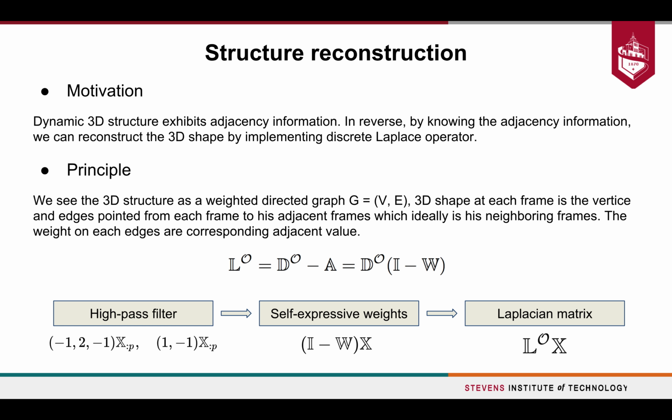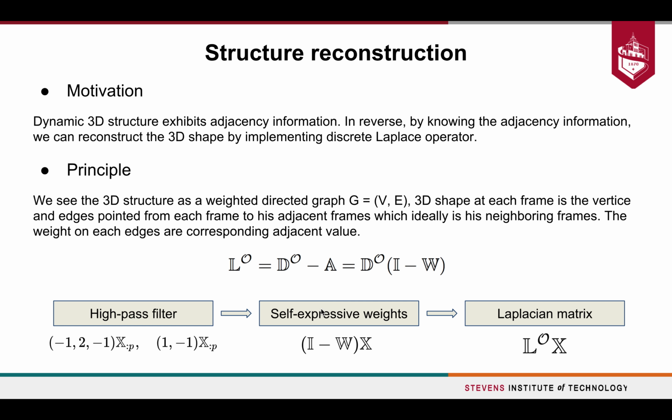Then we look at how this relates. First, the high-pass filter is some kind of Laplace operator, but with the adjacency value set constant to 1, so each adjacency value is 1. That's how they have this form. For each frame there are two neighboring frames, so D out is 2, and 2 minus their adjacency values is in this form.